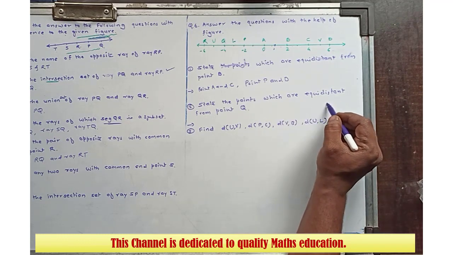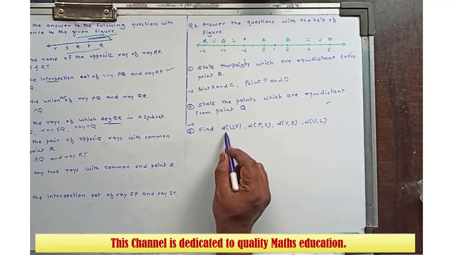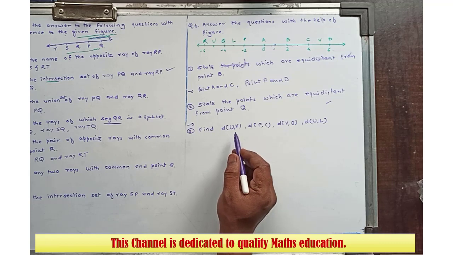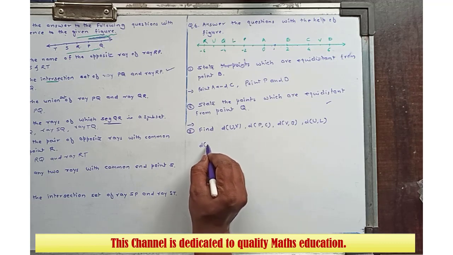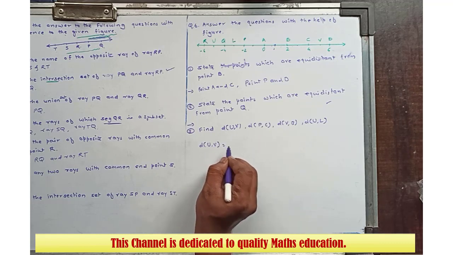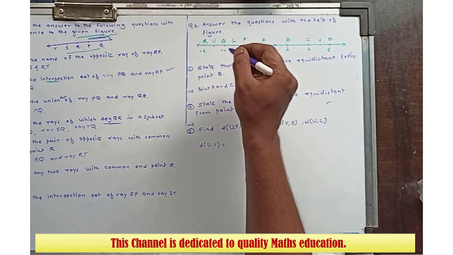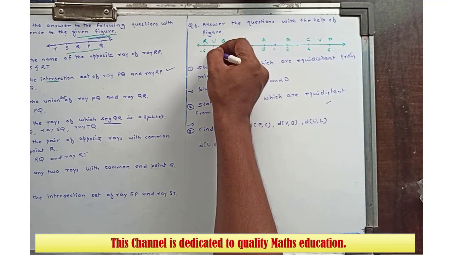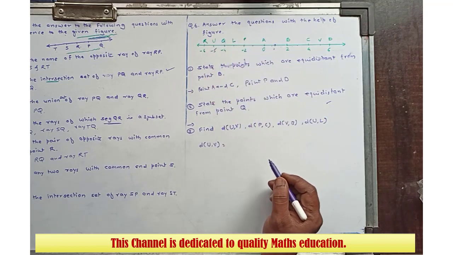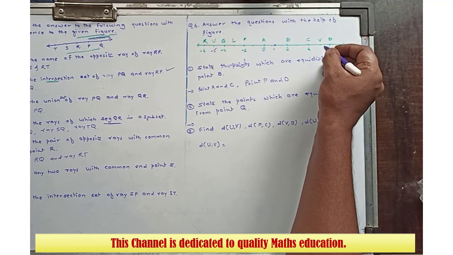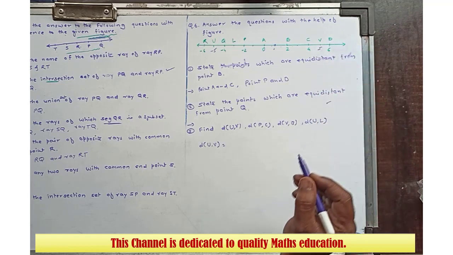Similarly, question number 2 you have to solve, and this distance UV already we have studied. How to find distance. Okay, so just one I will show here. Distance UV. So coordinate of U is here -5, and V it is 5, right?